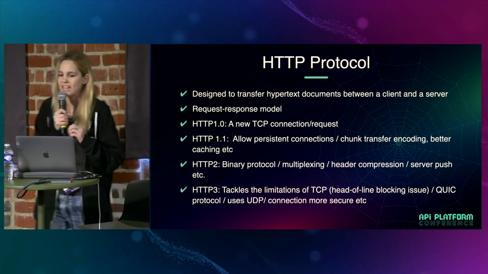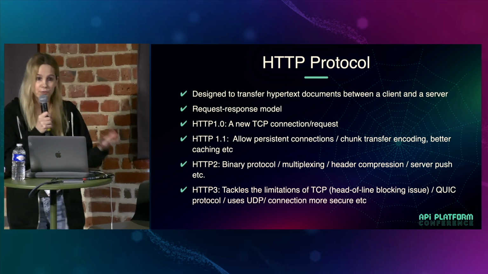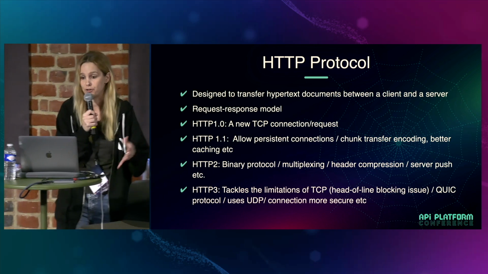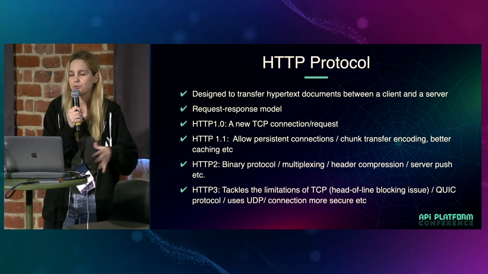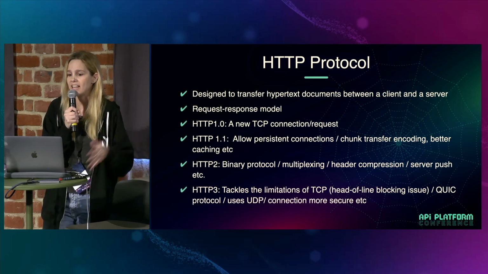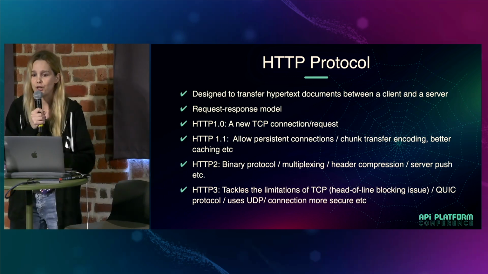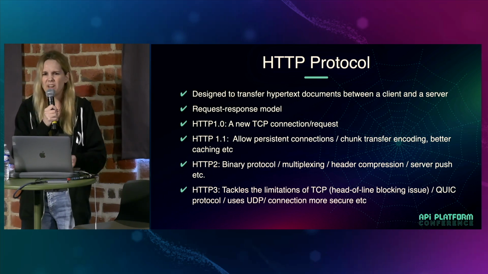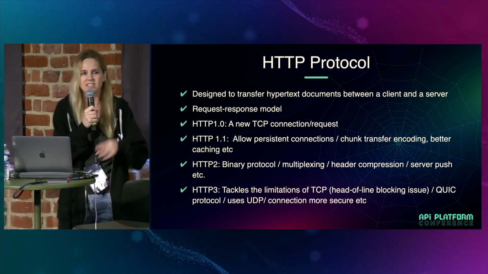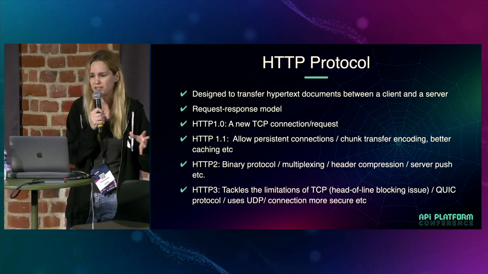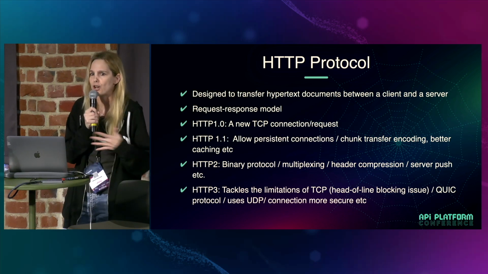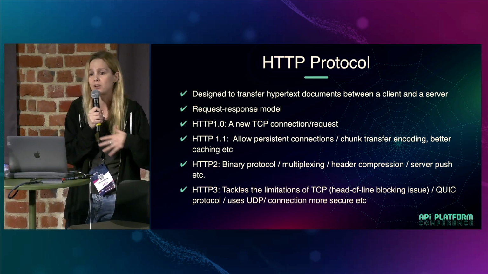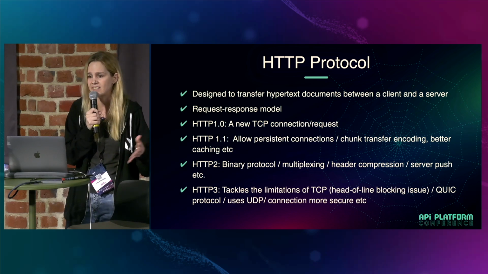HTTP 1.0, the first standardized version, introduced features we still use today, like HTTP headers, status codes, methods like POST and HEAD, but it wasn't perfect. Each request needed a new TCP connection, and it was so slow when you have to handle multiple requests.